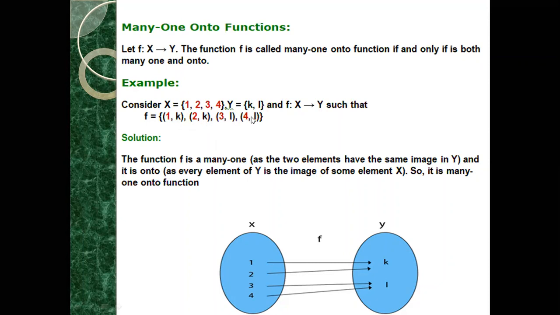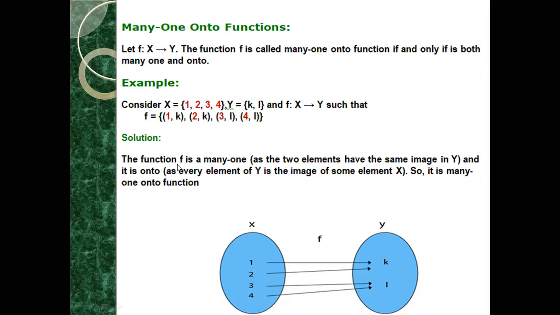So we say that it is many to one. K and L are elements of the codomain, and K has a pre-image in the domain and L has a pre-image in the domain. So this function satisfies both many to one and onto. The given function is a many to one onto function.